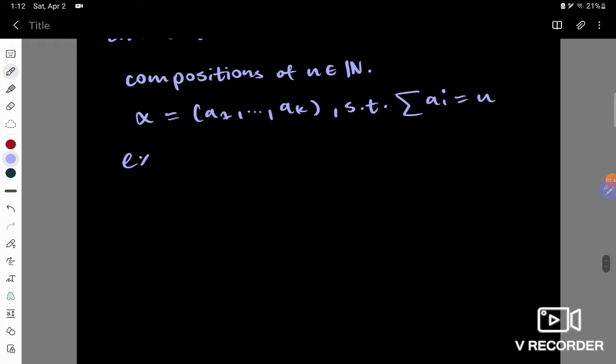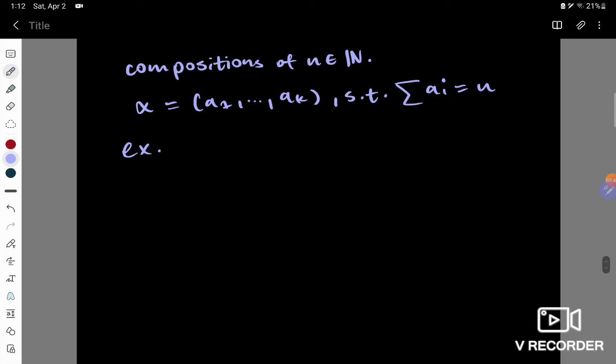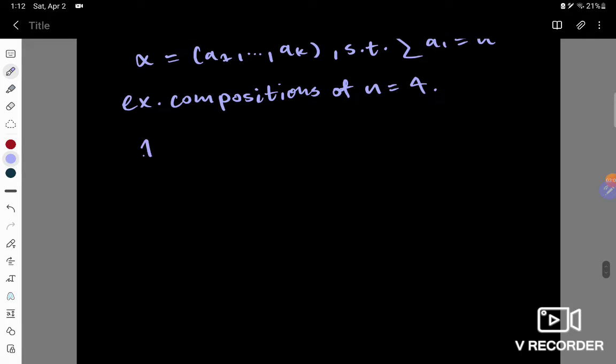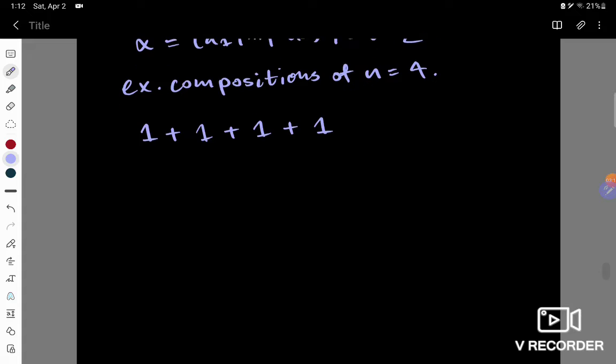So we'll just look at an example for n very small, because there are a huge number of compositions for larger numbers. So we take compositions of n equals 4. There's the most molecular one, which is 1 plus 1 plus 1 plus 1. I shouldn't say simplest because there's actually just 4 by itself.